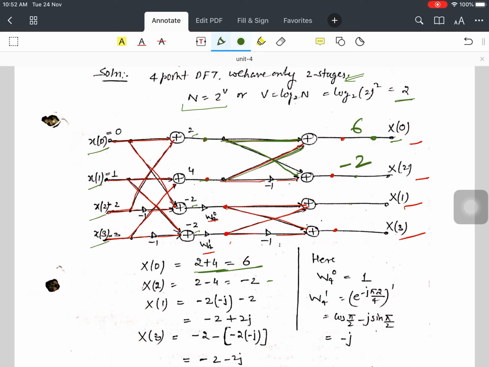After that, at this point you have minus 2 multiplied with W4^0, which is 1, and W4^1, which is minus j.